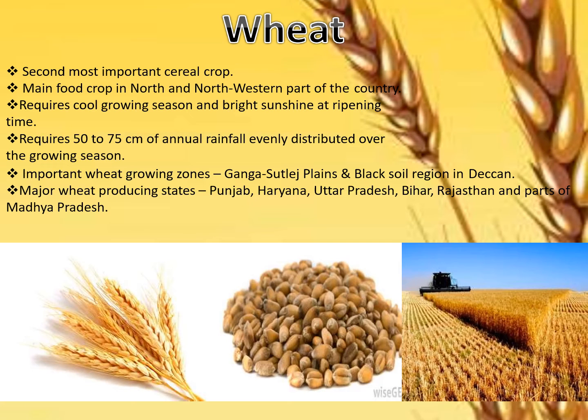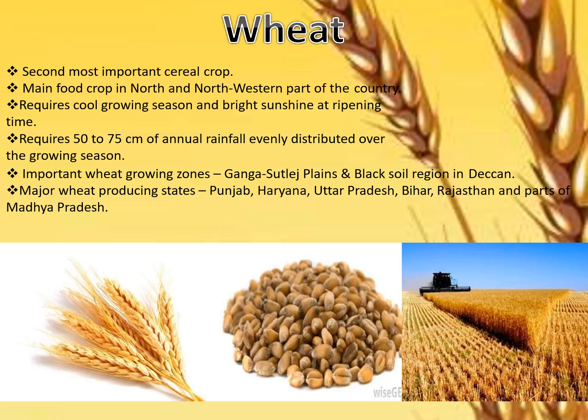Then we come to wheat, which is the second most important cereal crop. The main food crop in north and northwestern part of the country. It requires a cool growing season, bright sunshine at ripening time. It doesn't require much rainfall, just 50 to 75 centimeters of annual rainfall, that too evenly distributed over the entire growing season is enough.